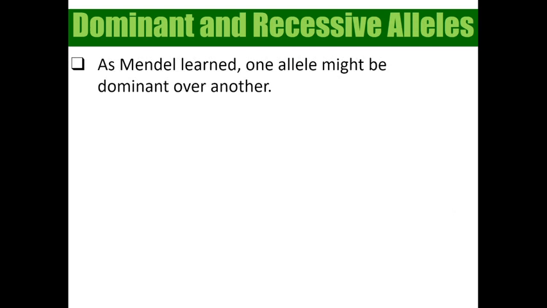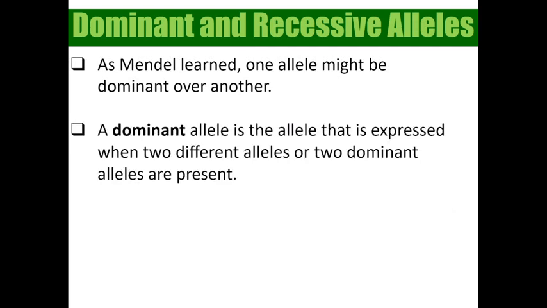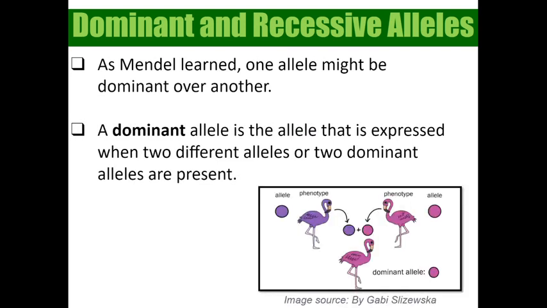As Mendel learned, one allele might be dominant over another. A dominant allele is the allele that is expressed when two different alleles or two dominant alleles are present. Here we have a pink flamingo and a purple flamingo, but pink is considered dominant.